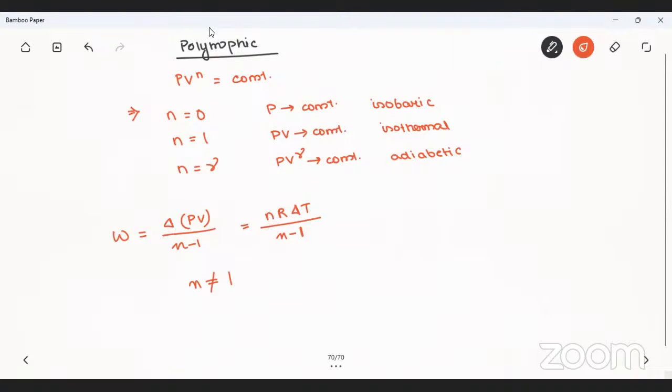And remember, in last week's classes we learned that for an isothermal process, the work done formula has a log. So n cannot be 1, and this formula cannot be used to calculate the work done for an isothermal process. Is this part clear? Yes, ma'am.